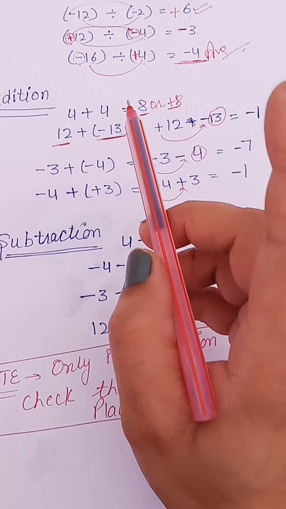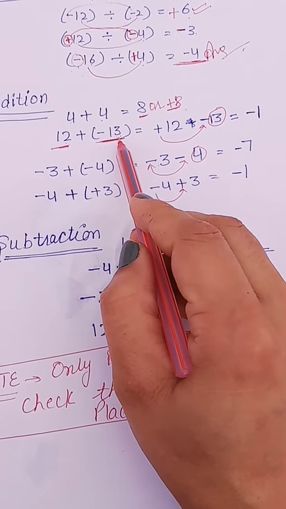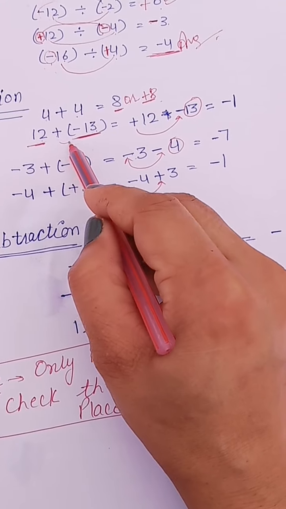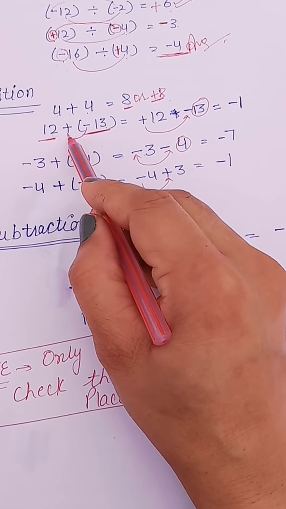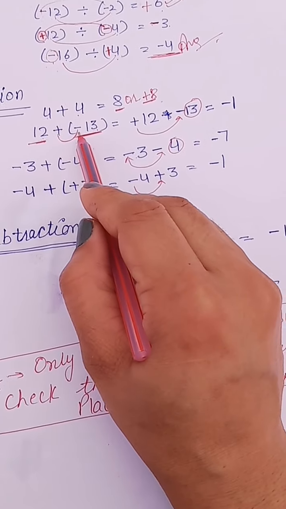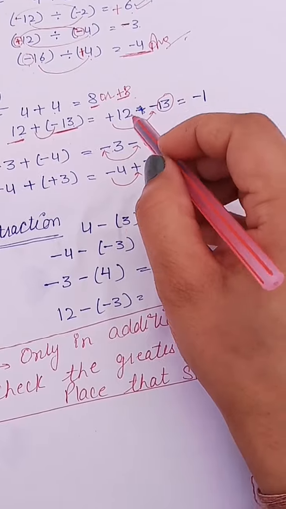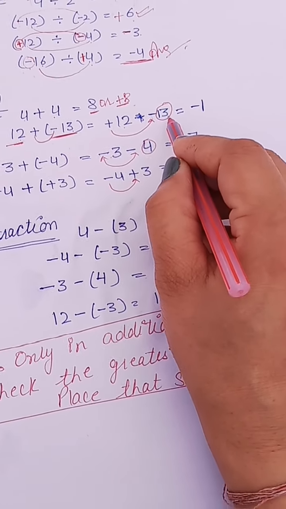That is your first step. How can you remove it? 12, same as it is. You have to calculate these two signs which are placed between these two numbers. Plus minus comes minus. Then your new statement will be +12 minus 13. Clear?